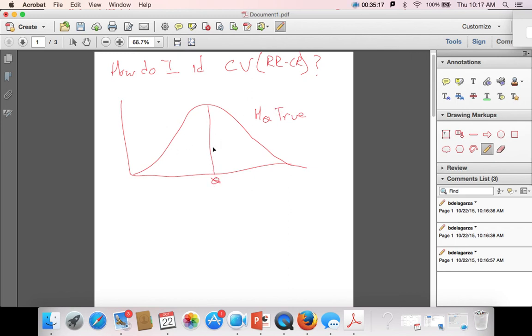So now on this sampling distribution for Z, where the null hypothesis is true, I want to now identify where my regions of rejection are. Okay, that's what I want to do. So how am I going to do this? Again, remember, I need my sample size, I need my alpha level, and I also need to know if it's a 1 versus a 2-tailed test.